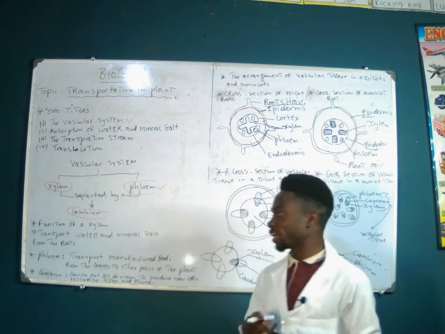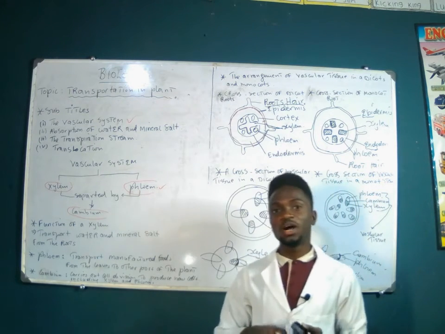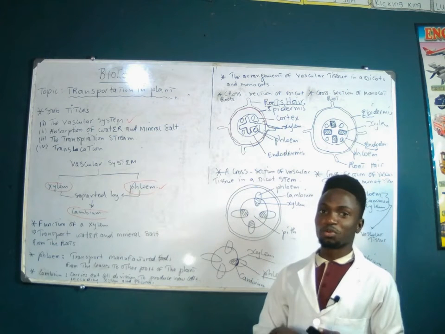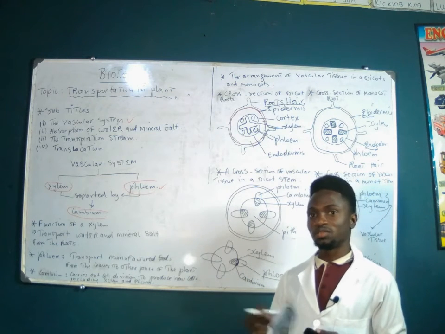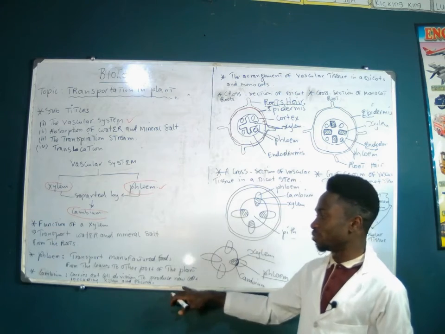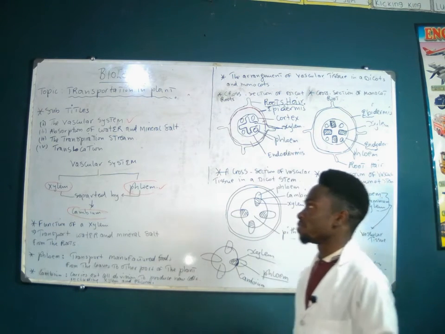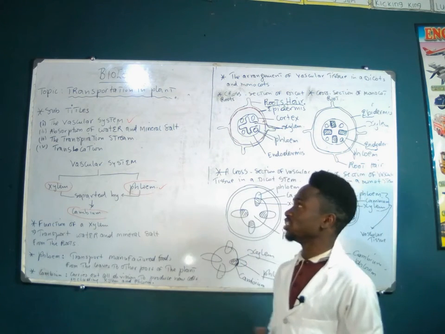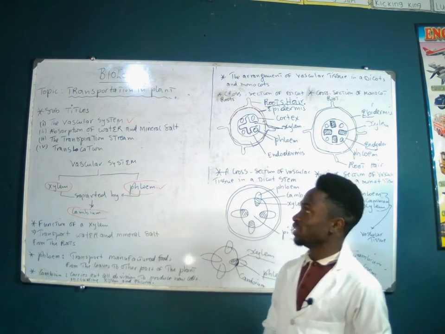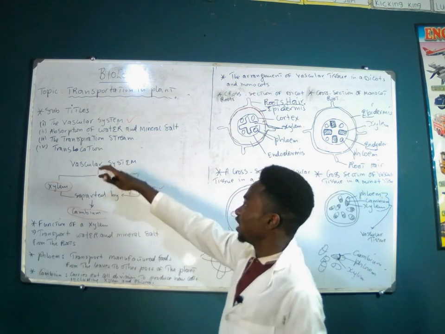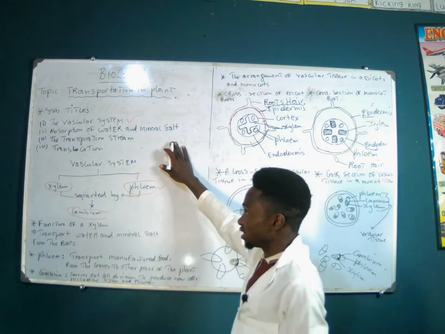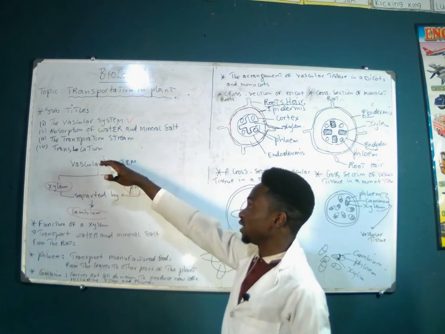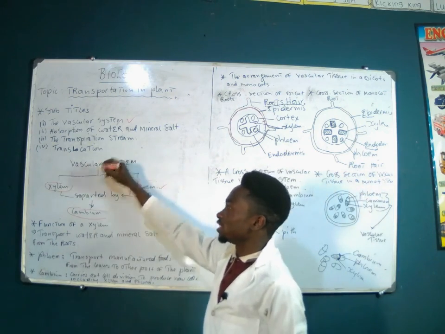Whereas the function of the cambium is that it carries out cell division to produce new cells, including xylem and phloem. So this is part 1 of transportation in plants. In part 2, we are going to cover the absorption of water and minerals, and also the transpiration stream and translocation.